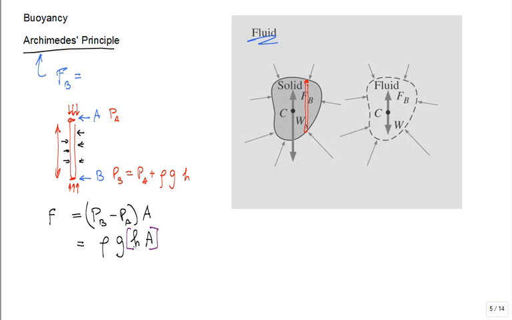That's the volume of my little cylinder, isn't it? So the upward directed force, let's call it the buoyancy force, due to the fluid on the outside of this object is equal to rho times G times V.